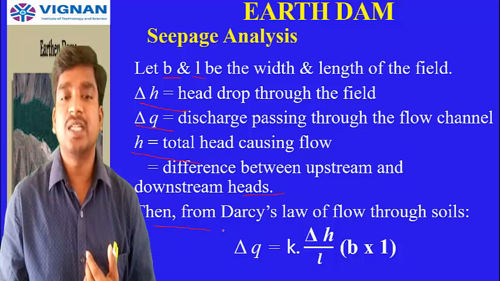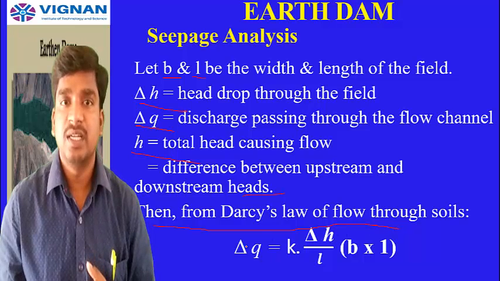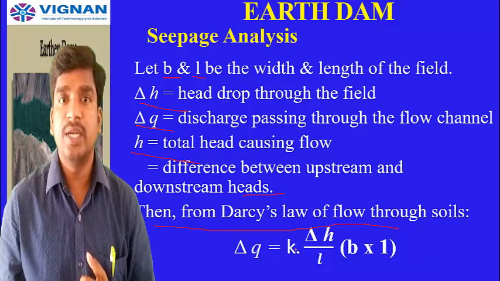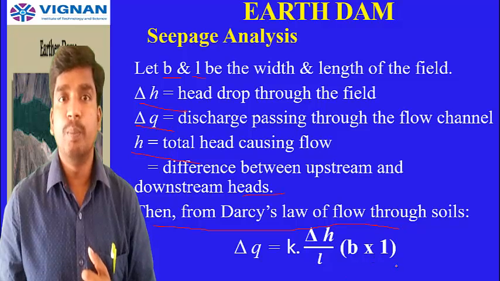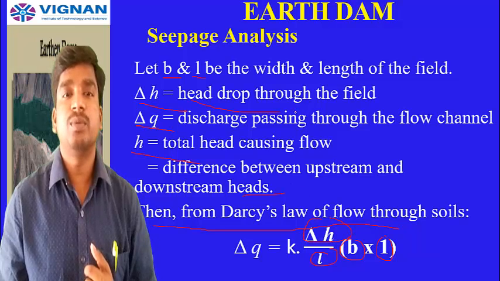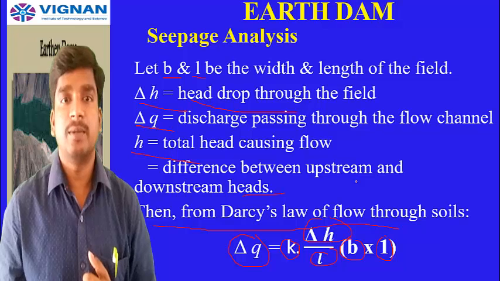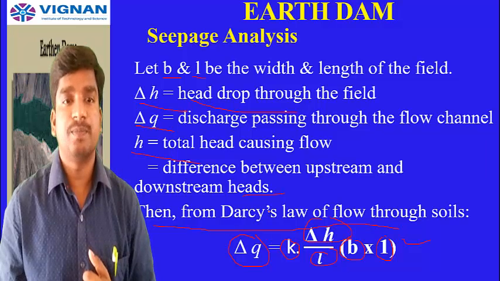Then by using Darcy's law of flow through soils, the equation is delta Q is equal to K into delta H by L into B into 1, where B is the width and 1 is the unit thickness. K is the permeability coefficient, and delta Q is the discharge passing through the flow channel. By using this equation we will go further. This is Darcy's law equation for flow through soils.